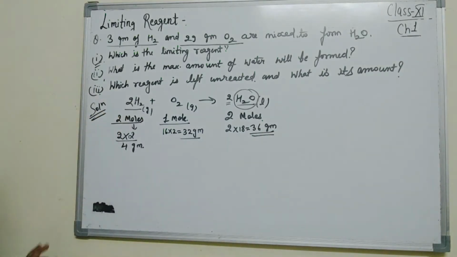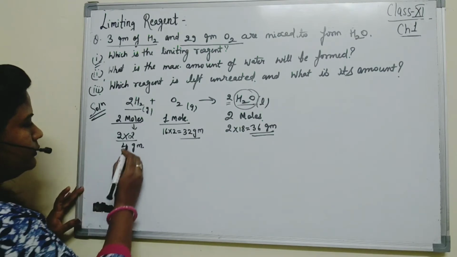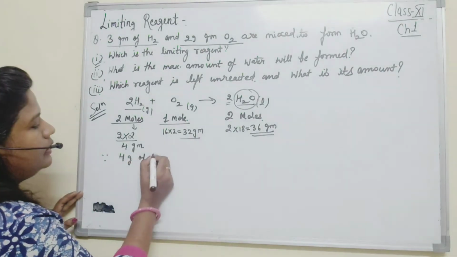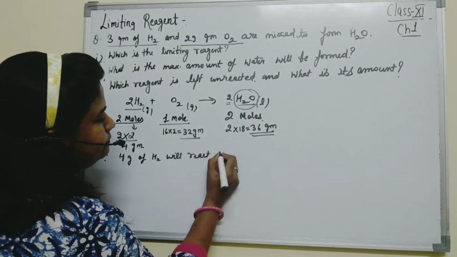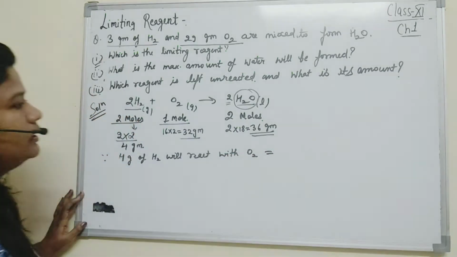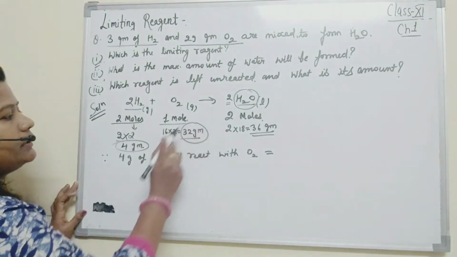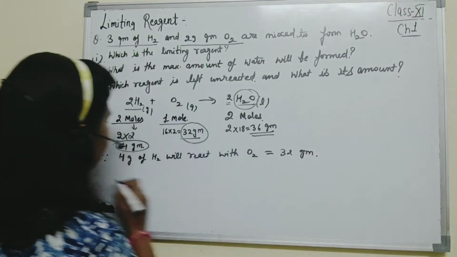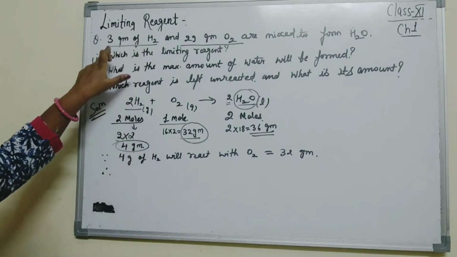It means 4 gram of hydrogen will react with oxygen equal to 32 gram. 4 gram is reacting with 32 gram of oxygen. Therefore, how much hydrogen is given to you? 3 gram.